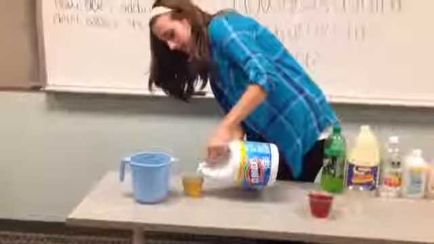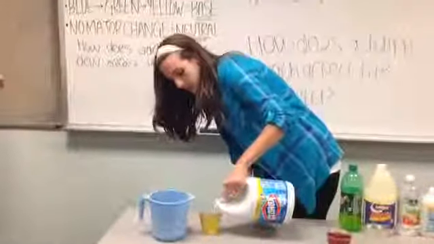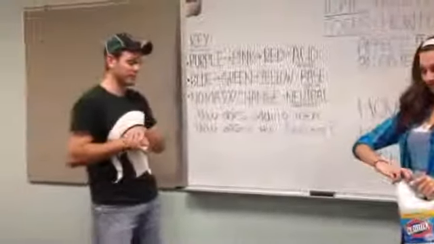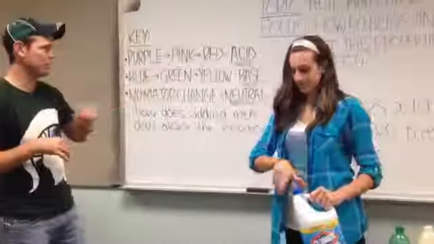Oh wow, it went straight from blue to almost a green, and now it's definitely yellow. It must be a base. Yes, it is. It definitely is a base because it turned it to a nice yellow color.